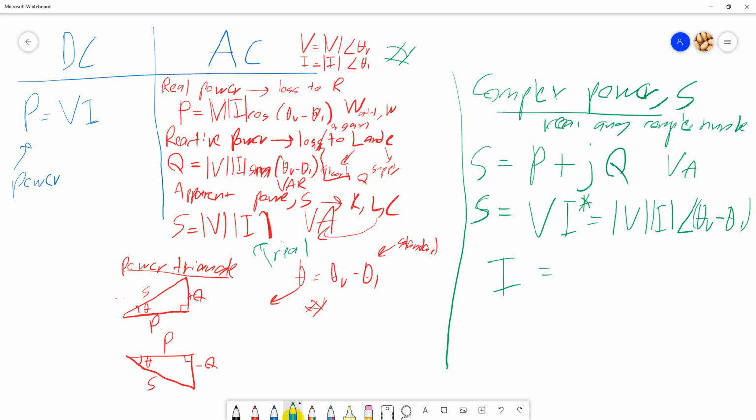For example, I equals |I| at angle theta I, so I conjugate means that you have to add a negative: negative theta I. When you multiply, the angles add, so this one becomes plus, but in this case, because of the conjugate, it becomes minus. So you can use either this formula or this formula to get the complex power.